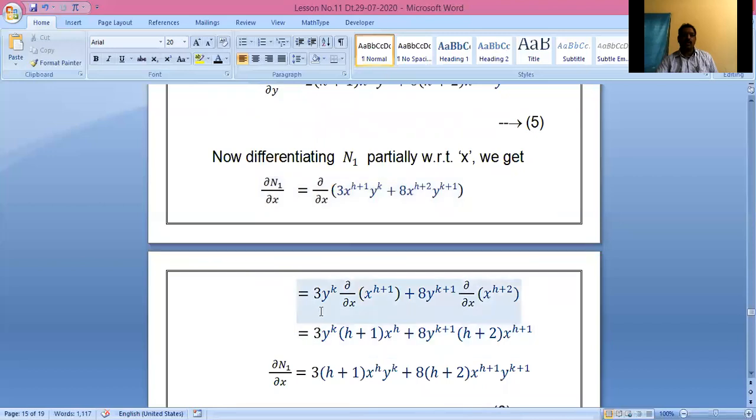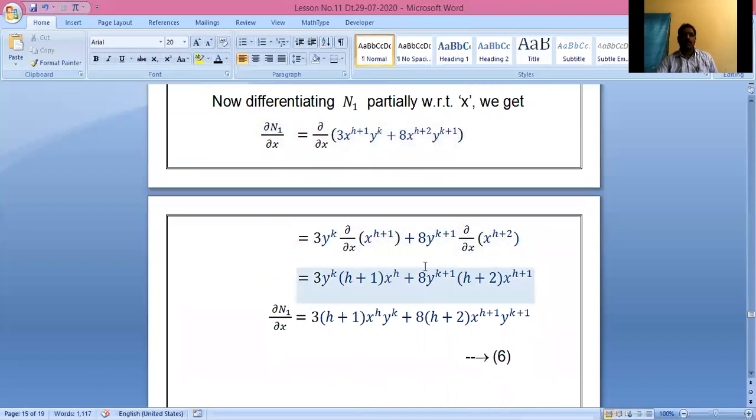That is equal to 3 into y to the power of k into dou by dou x of x to the power of h plus 1, plus in second term 8 into y to the power of k plus 1 is constant. Therefore 8 into y to the power of k plus 1 into dou by dou x of x to the power of h plus 2, that is equal to 3 into y to the power of k.